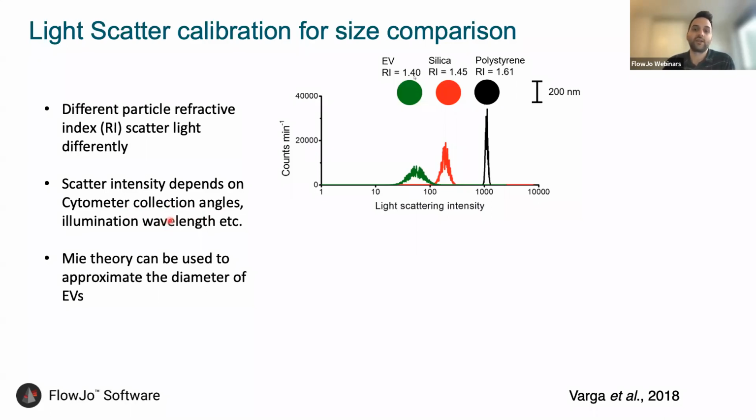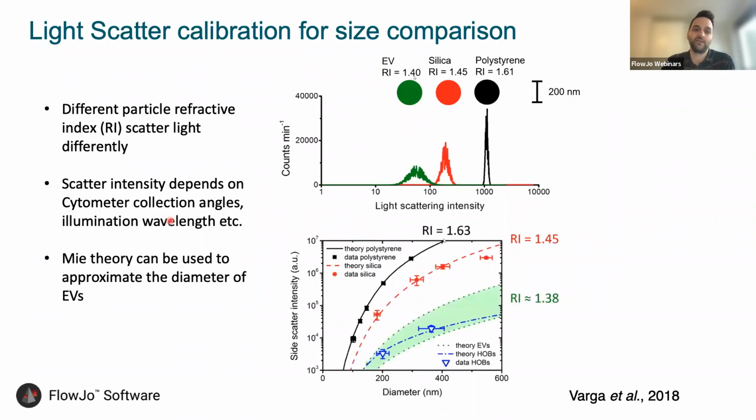So we can now use beads of a known diameter, in this plot below. We can use, for example, polystyrene beads of a known diameter and refractive index.